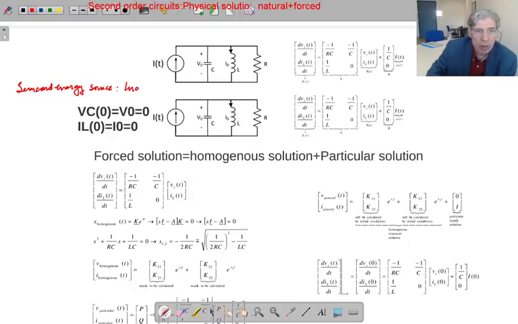Independent sources in general. In our case, this is the independent current source. The solution that we are going to find for this is going to be the forced solution.